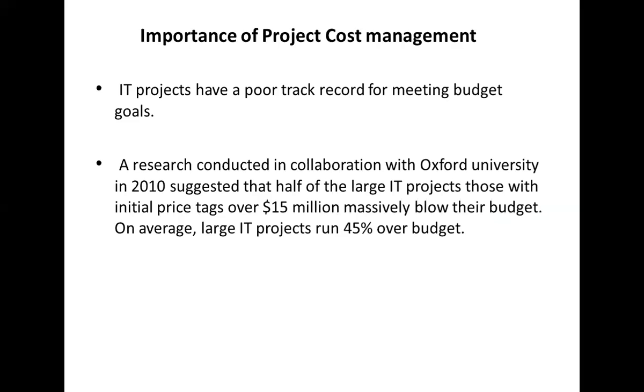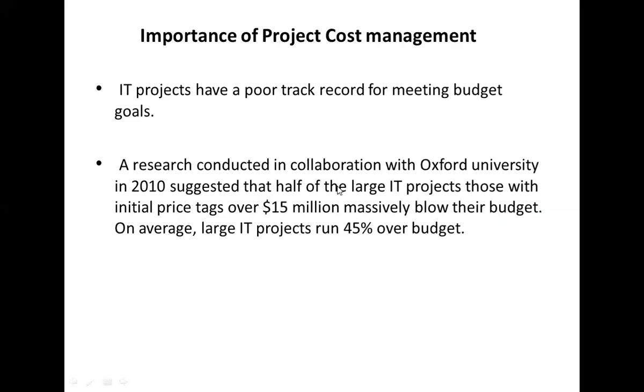So cost management in IT projects is really important because IT projects have a poor track record in meeting budget goals. Some research has found out that, in Oxford University, they have done a research project. They say that half of the large IT projects, those with initial price tags over $15 million, massively fall below their projections.